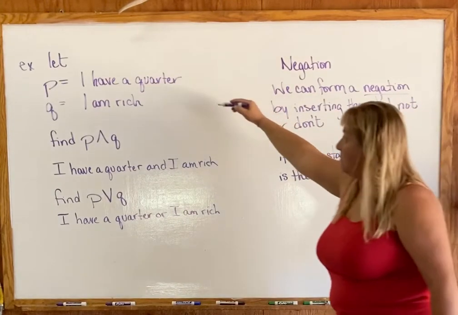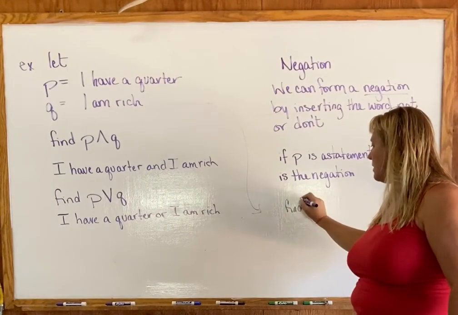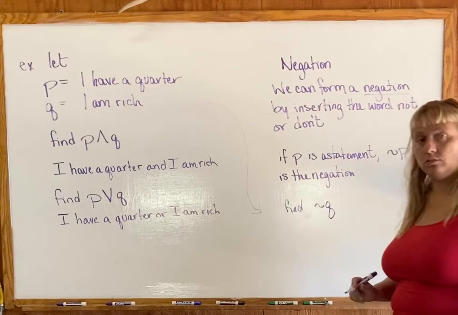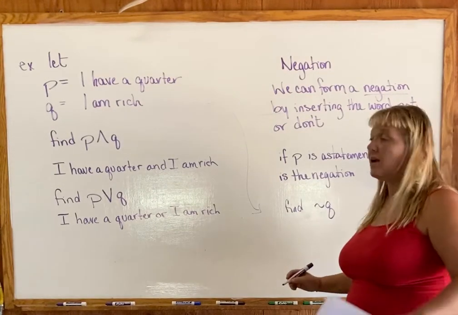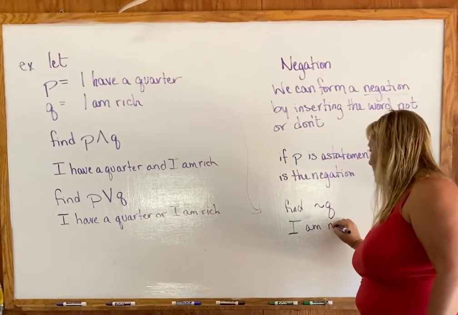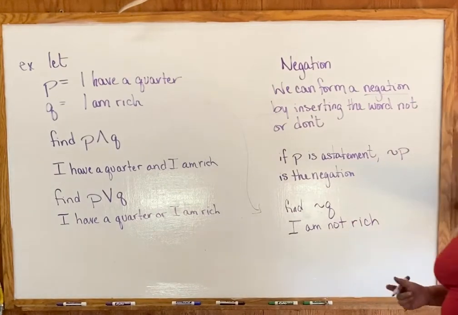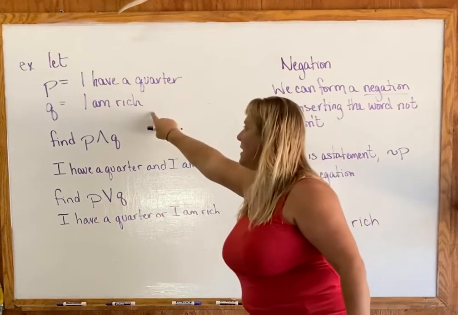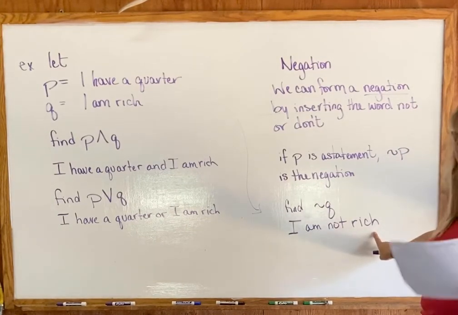So using our example from over here, what if I asked you to find not Q? Okay. So now all we need to do is we need to take the negation of Q. So we need to flip it around, and so instead of I am rich, we're going to say I am not rich. Okay, just stick in the negative word, and then notice how the two statements change each other, right? So now for me, this is true. I am not rich. Okay.